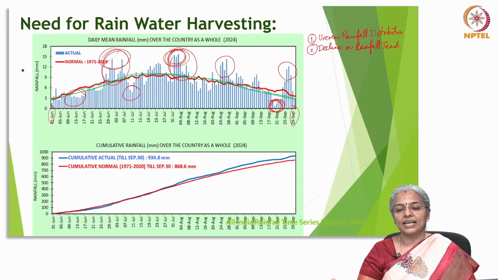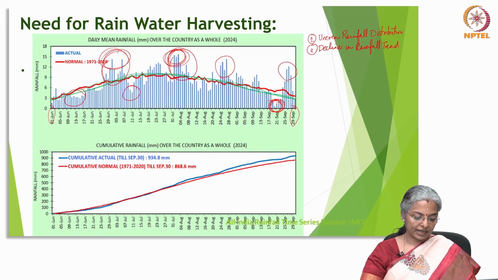So, this indicates that we have to store rainwater definitely.